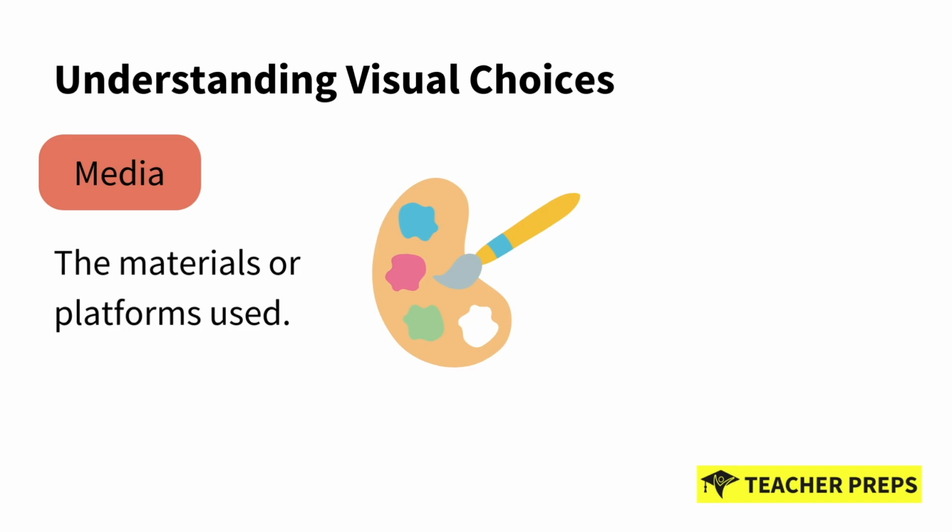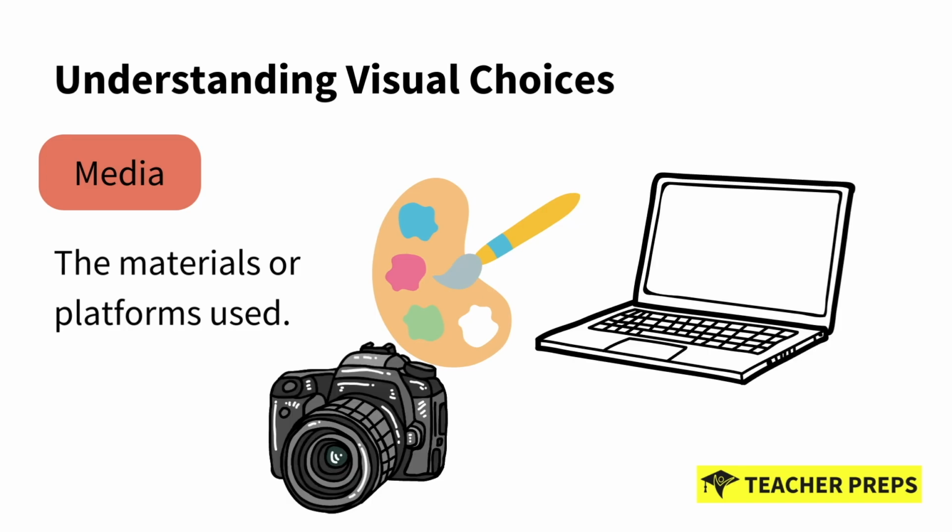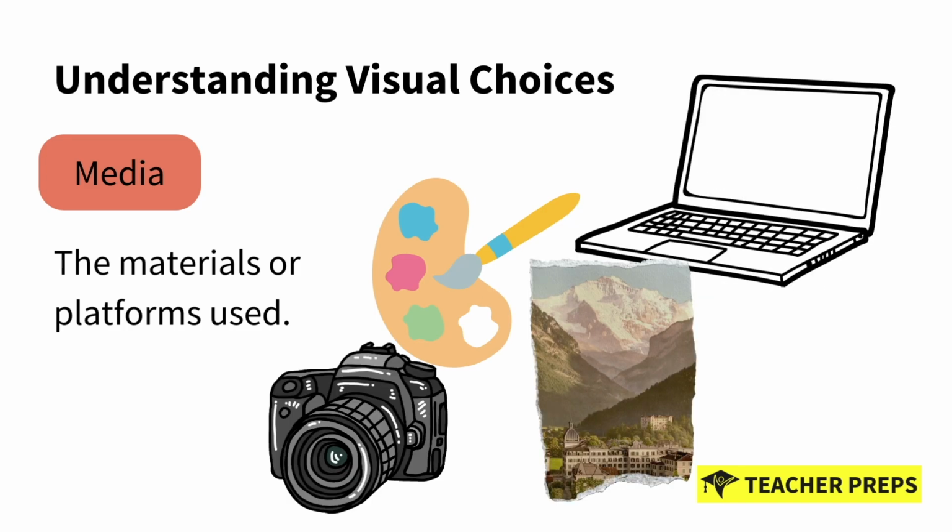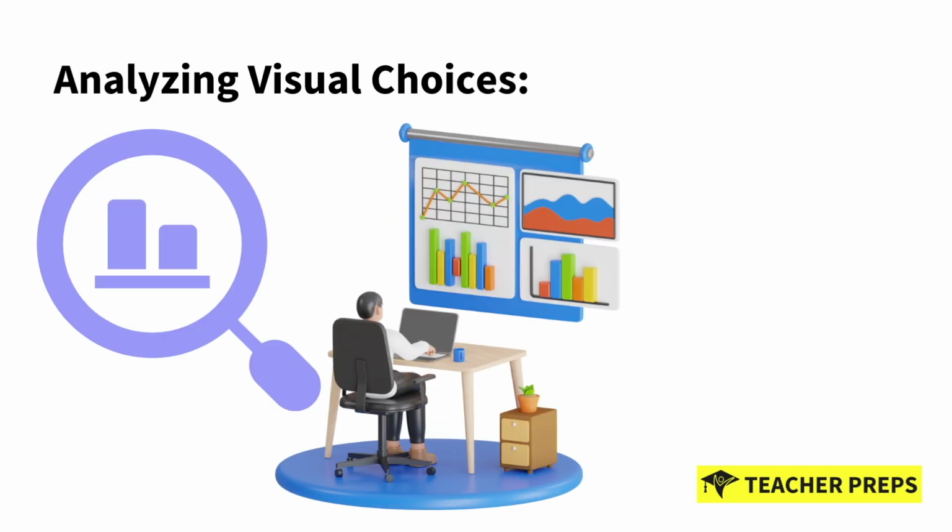Whether an artist uses oil paints, digital platforms, photography, or collage can drastically change the interpretation and reception of the image. For your exam, you'll want to know all about teaching students to evaluate how those choices help represent or extend meaning. So let's talk about that now.